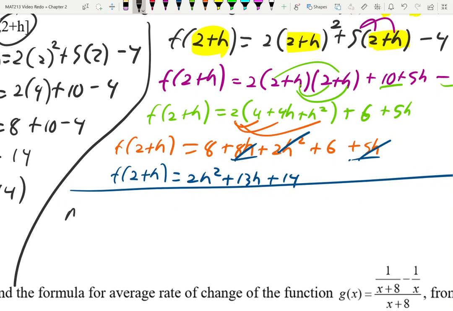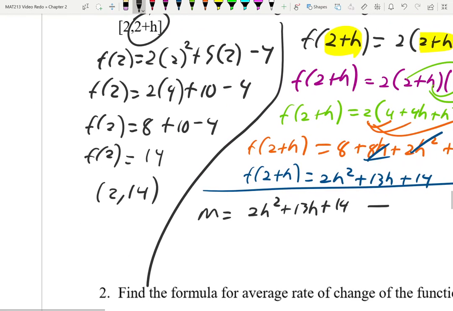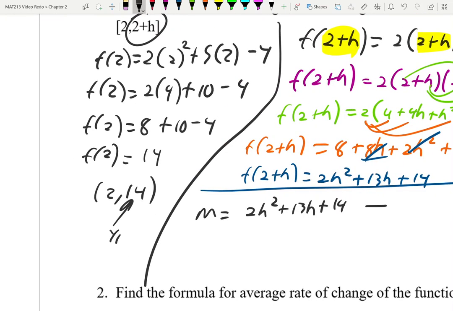Now comes the slope. Slope is equal to y2, right? Remember, this is our y value. This is what we get out when we plug in 2 plus h. So therefore, it's y2, 2h squared plus 13h plus 14 minus y1. That came from here. This was our y1.